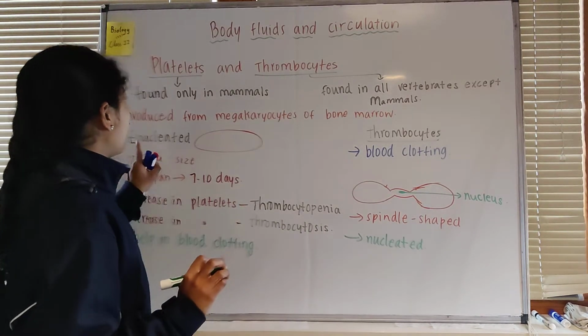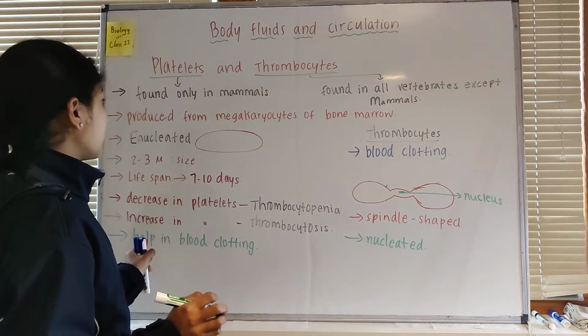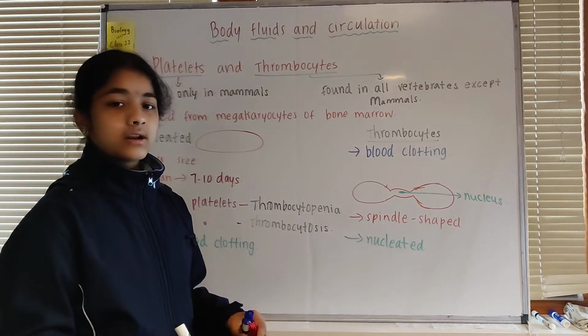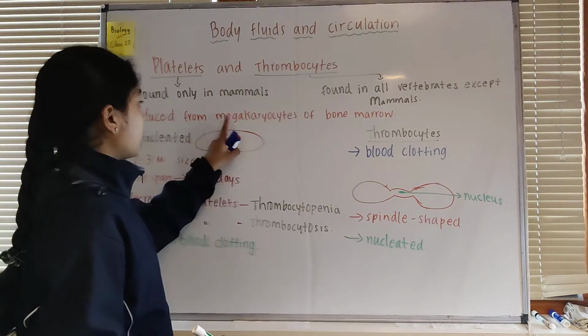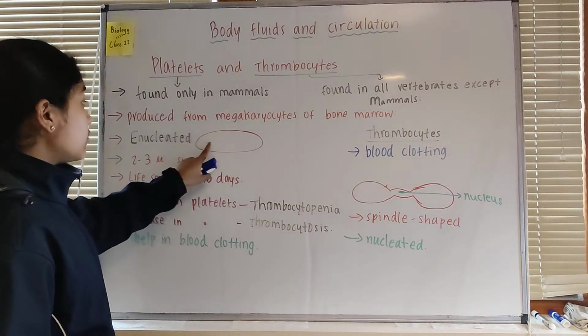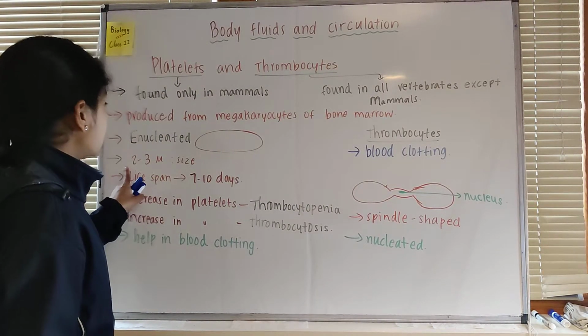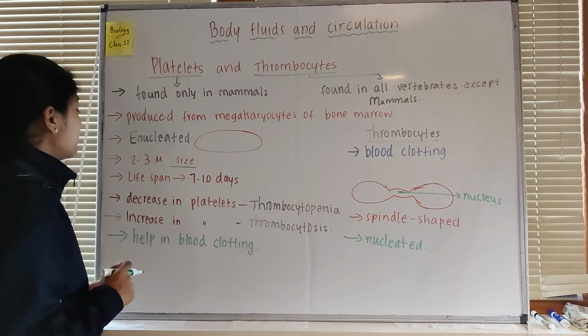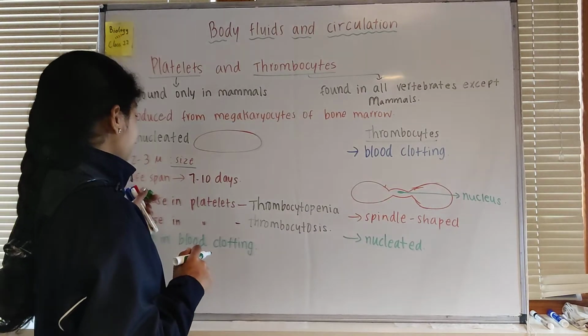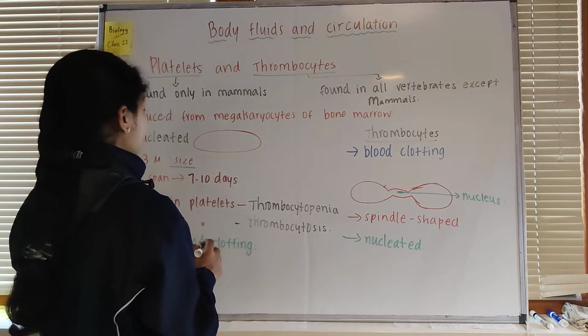So in this video we discussed platelets and thrombocytes. Let's summarize. Platelets are found only in mammals, not in any other vertebrates, and they are produced from the megakaryocytes. Enucleated, there is no nucleus. Size is 2 to 3 microns. The lifespan is around 7 to 10 days.